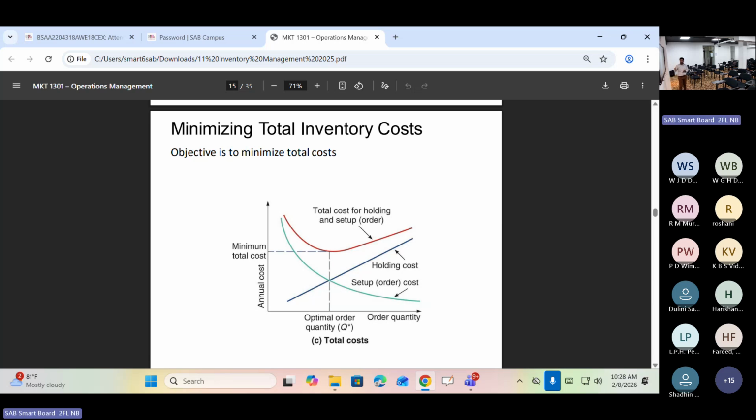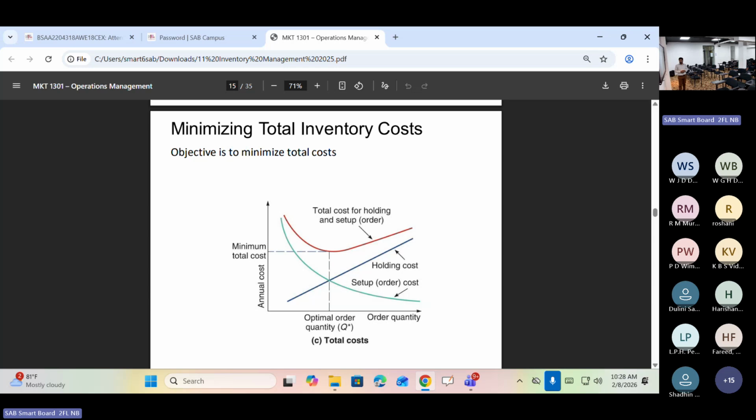When Q increases from low level to high, holding cost increases proportionately. But on the other side, ordering cost or setup cost is declining at a declining rate, as shown in the green line here.